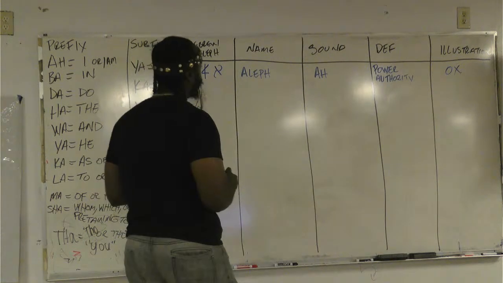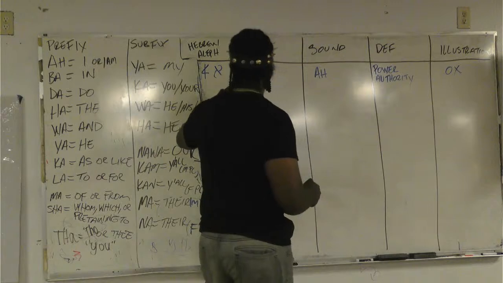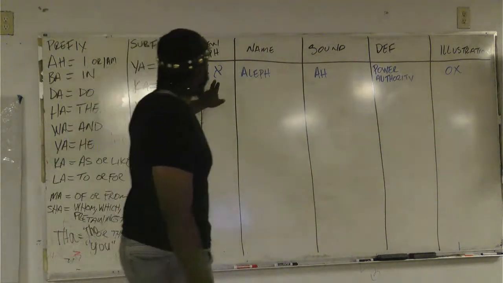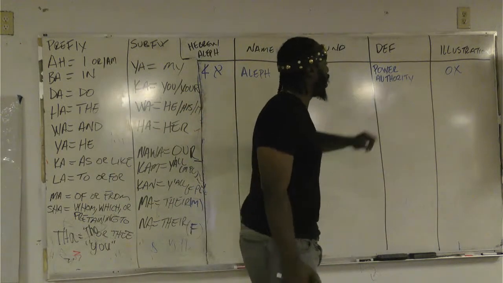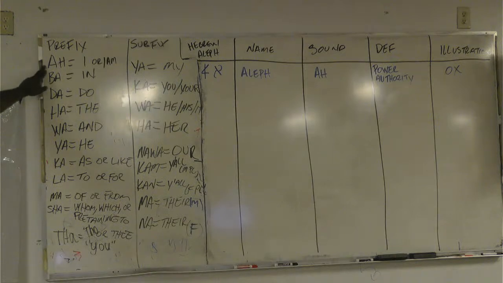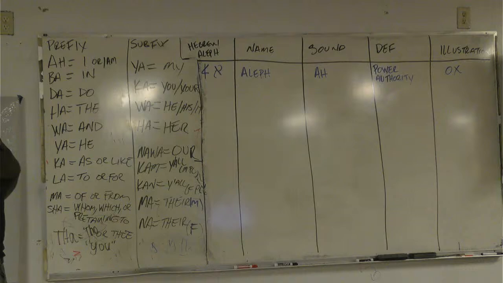Matter of fact, I could do one right quick. So Aleph means power or authority, right? Coincidentally, the prefix means I or I am, right? Because the power comes from you, right?